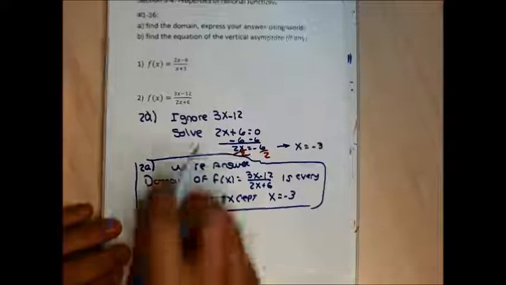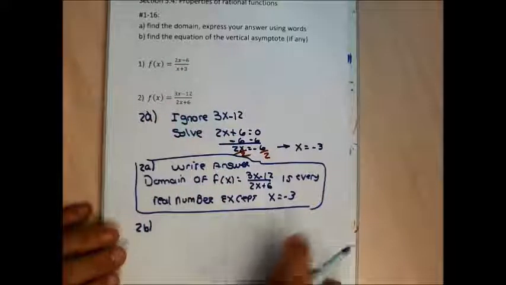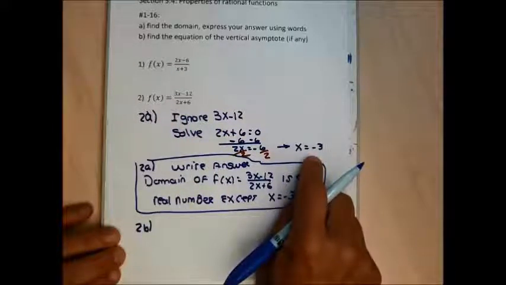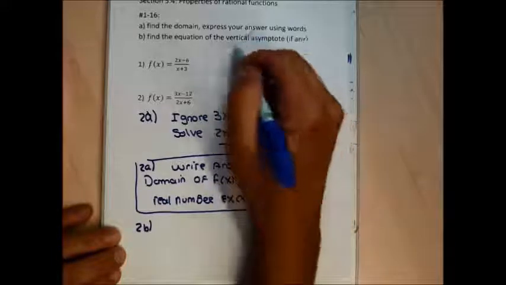For part B, find the equation of the vertical asymptote. Any number that's outside the domain of a fraction graphically either produces a hole or a vertical asymptote.